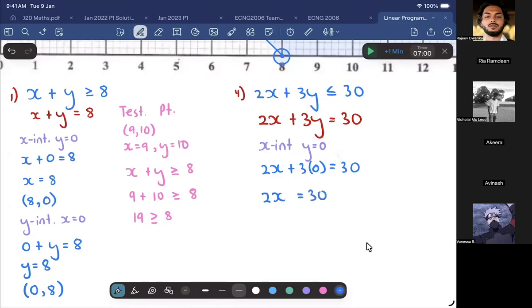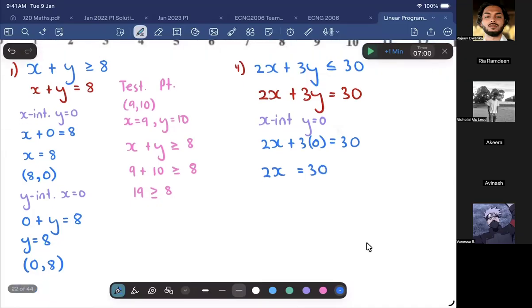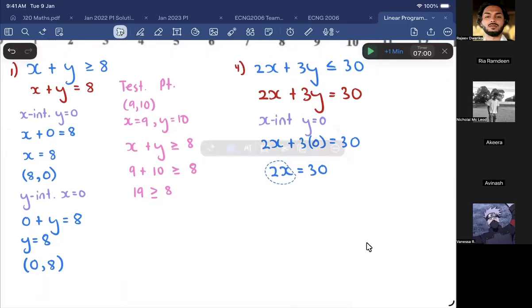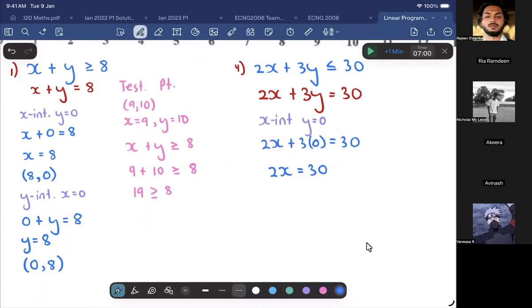If 2x is 30, what would 1x be? Half of 30? Yes. So to find 1x, you would divide both sides by 2. So 2 into 2 is 1x, so 1x would just be 15.